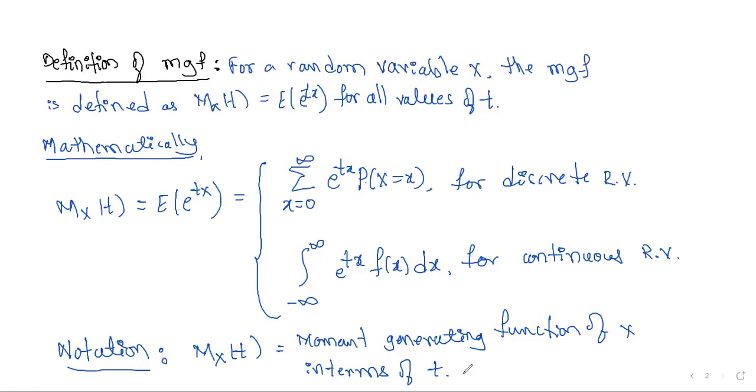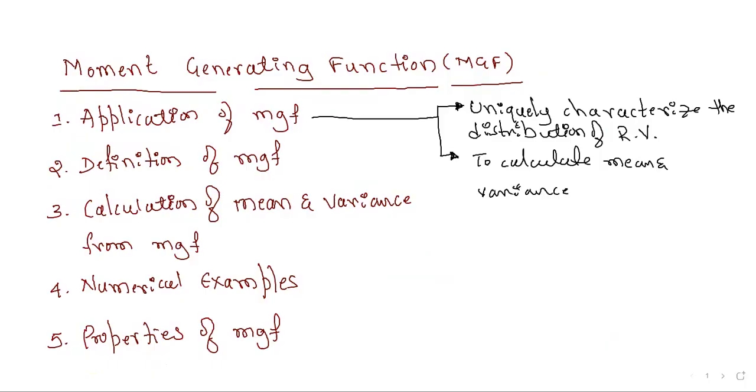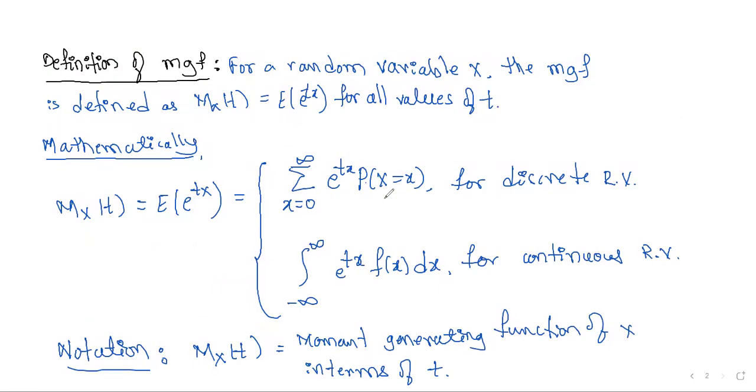This is the definition of moment generating function. I hope it's clear. Once we have completed the application as well as the definition, the third point we'll go for is the calculation of mean and variance from MGF, moment generating function.